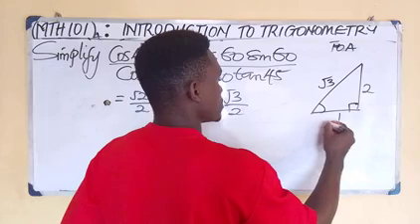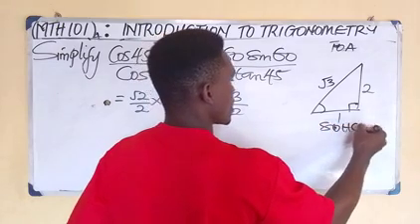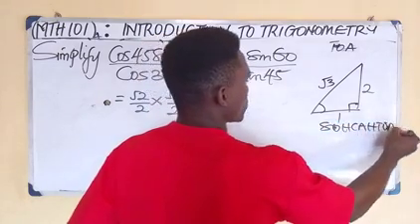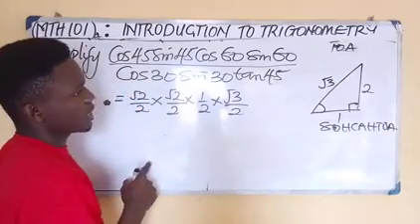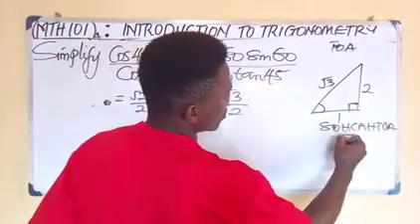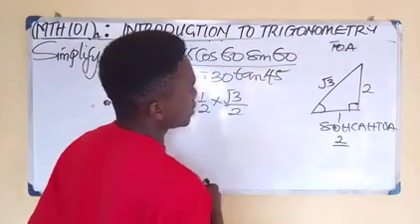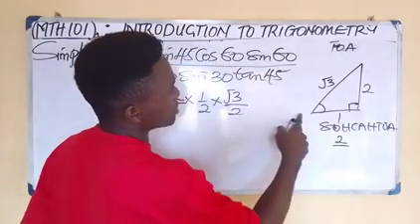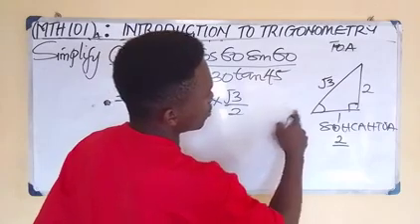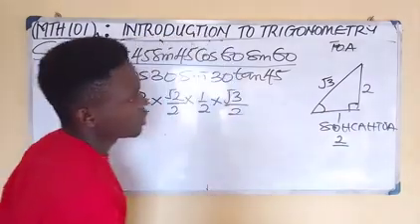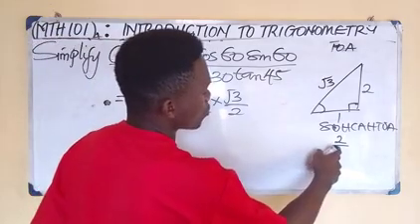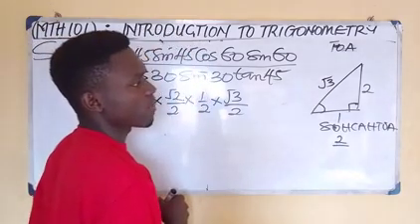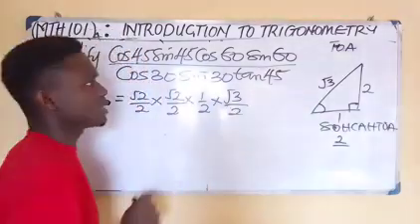Then SOH-CAH-TOA. Tan is opposite over adjacent. What did we get just now? I'm trying to remember the exact stuff that we did.